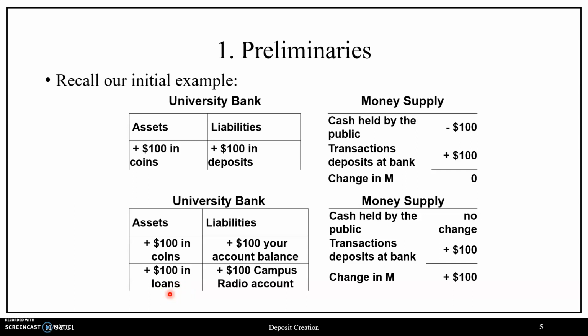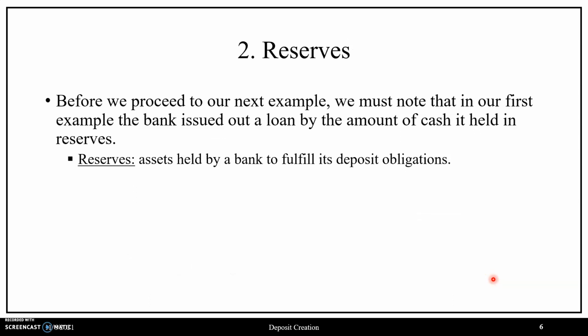Once again, we have our assets equaling our liabilities, 200 equaling 200 as expected. In terms of our money supply, we now have a change, given that through this loan the money supply expanded by $100 in transaction account balances. So an expansion of the money supply by 100.